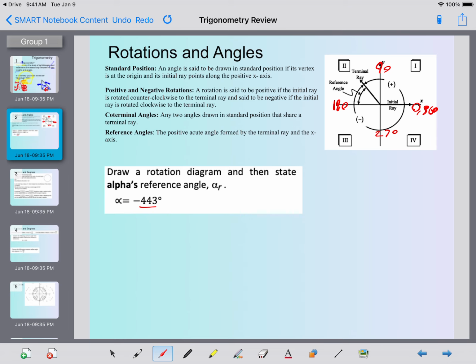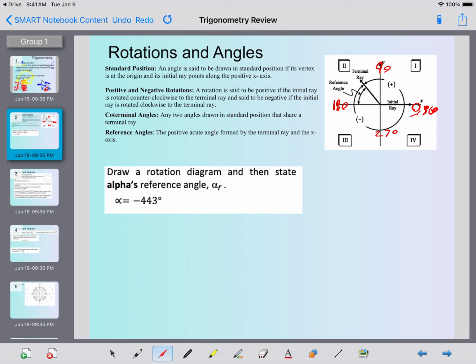No. So, we're going to have to find an angle that lands in the exact same spot as negative 443, but it's not going to exactly be negative 443, and that's why we're going to have to show the rotation, how many times it traveled.